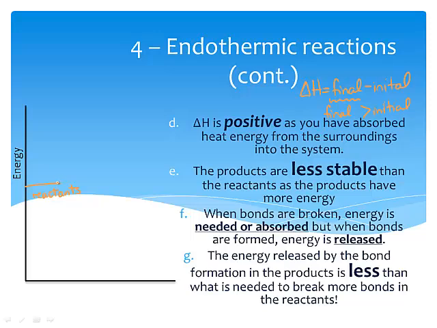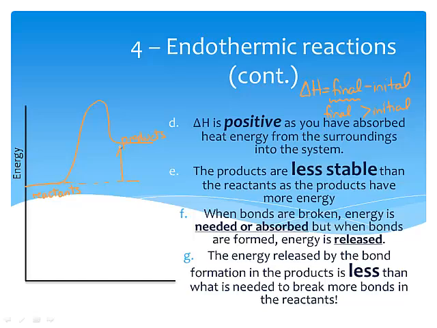We do know that it's again going to require energy to break the bonds to some maximum, and energy is again given off when bonds form. But this time, the energy stored in the products is greater than the energy of the reactants.